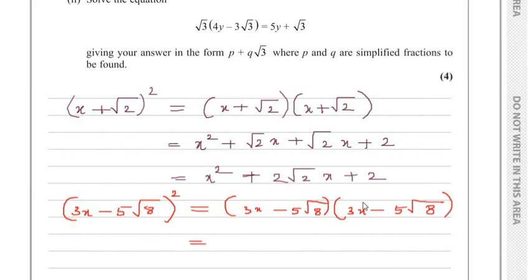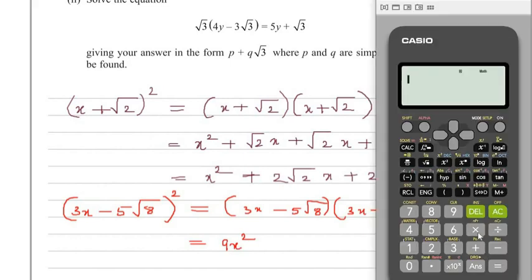So here again I am going to expand the brackets and distribute the terms. 3x times 3x gives us 9x square. So 3x times minus 5 root 8, let us see how much we get. We'll take only the numbers: 3 times minus 5 root 8.